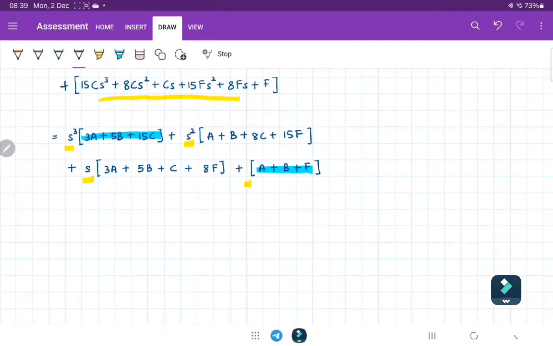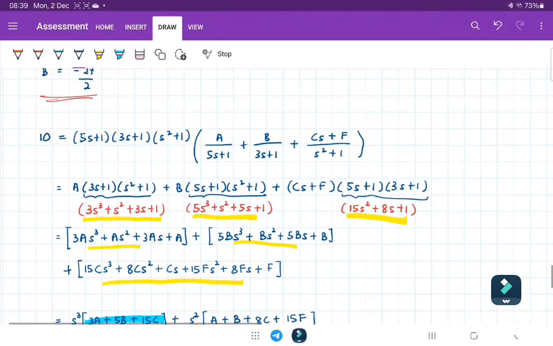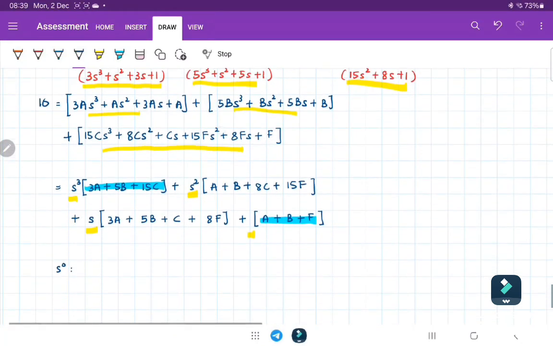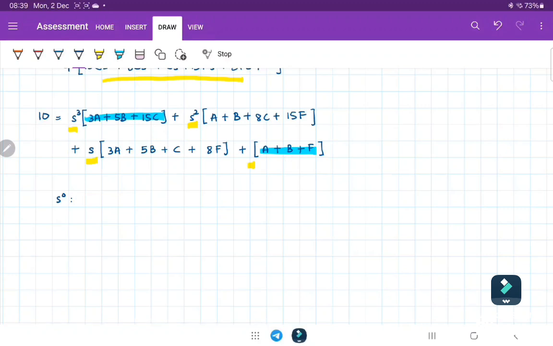So for s cubed or s to the power of 0, let's do that. On the other side of the equation, remember this part here, we have 10. So this is 10, this is 10, this is 10. So definitely I'm going to use this first to determine my F.